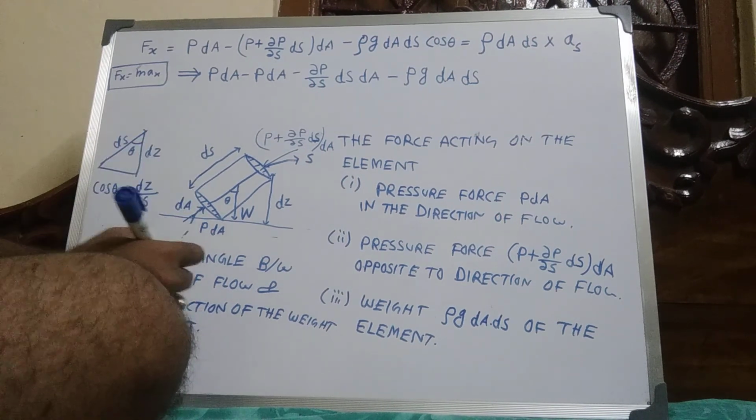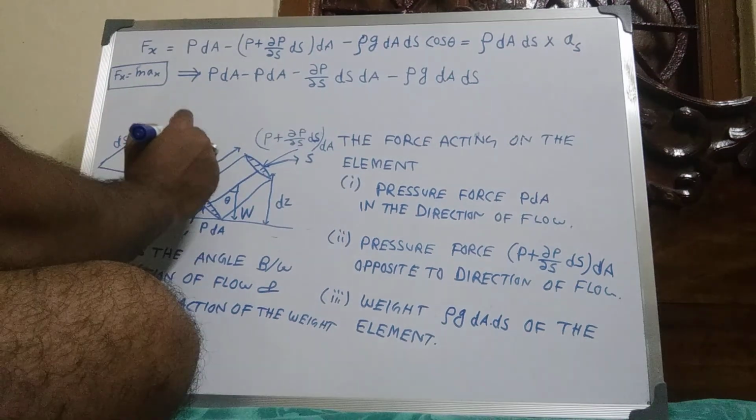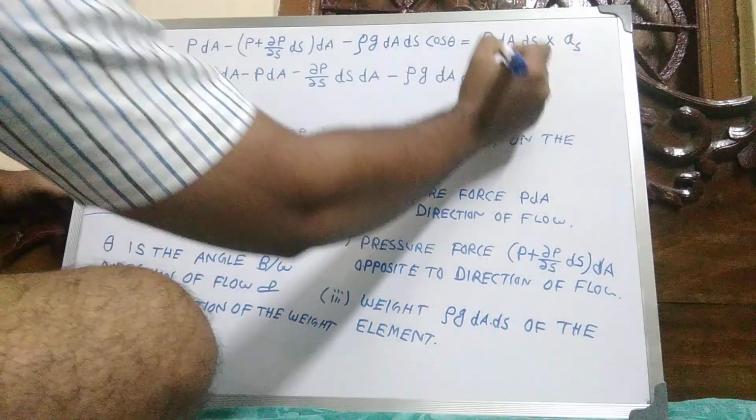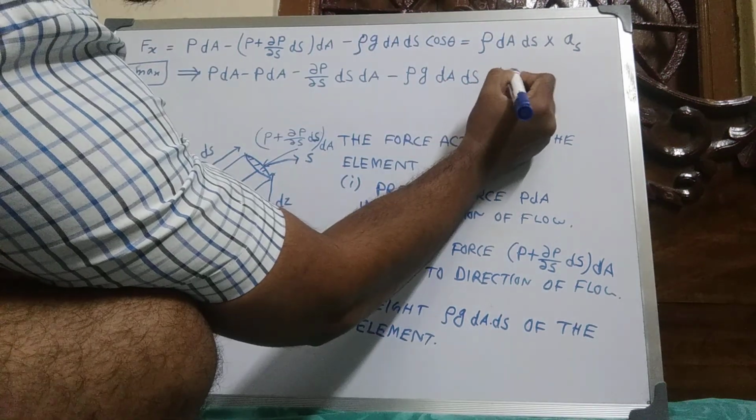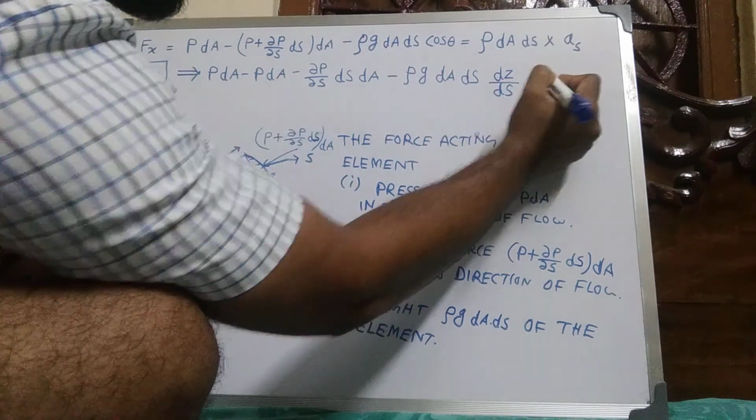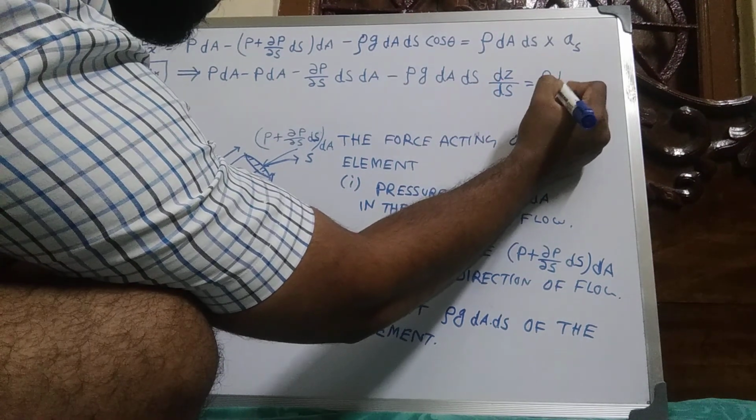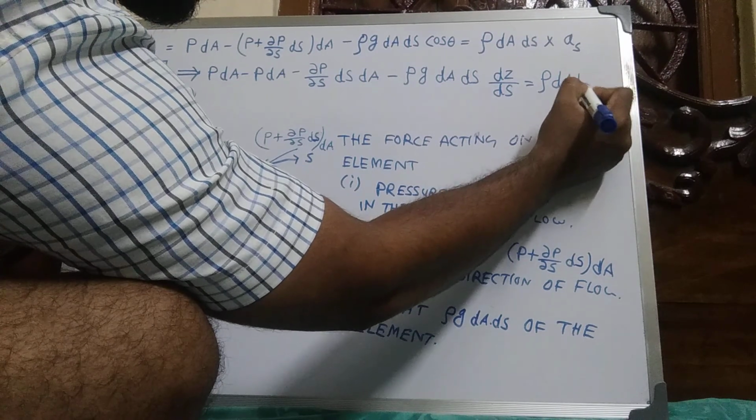Put the value of cos theta, dz by ds, into rho g dA ds.